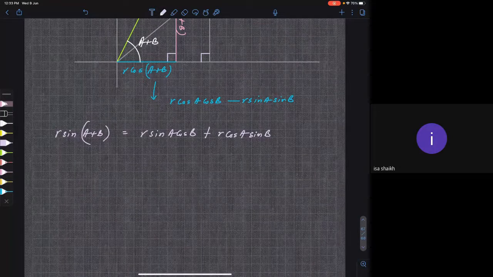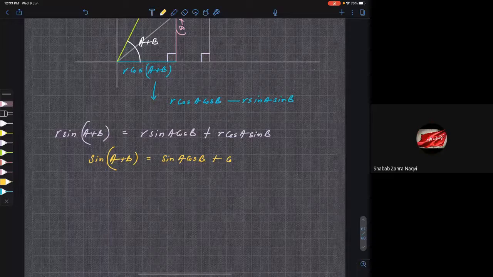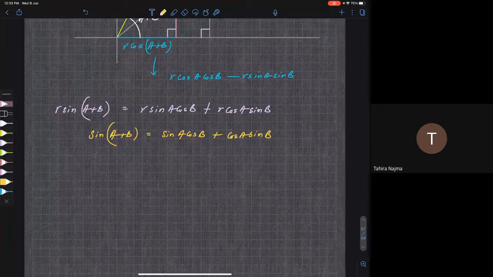And so what is the conclusion from this? R cancels and sin of A plus B is sin A cos B plus cos A sin B. Okay. Now, what about the second thing?